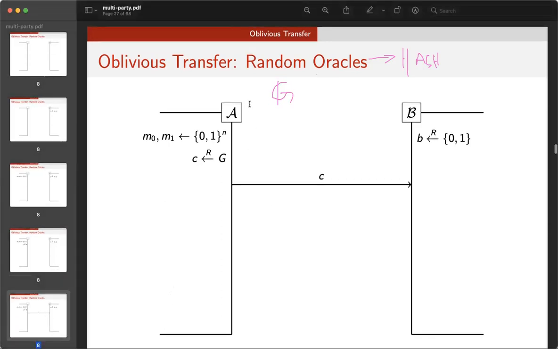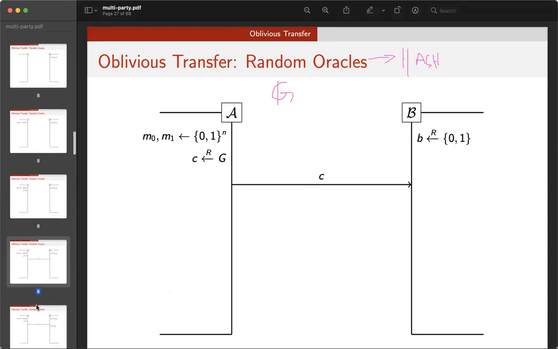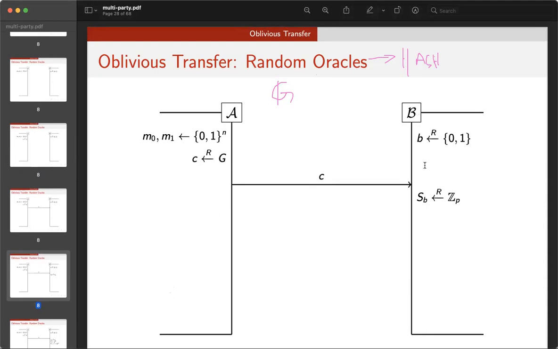And so then Alice will send this random number to Bob. Bob will then sample their own random secret from ZP, and this secret we'll call S sub B.